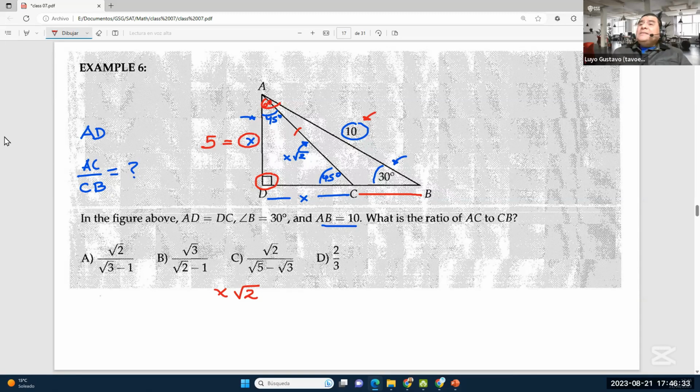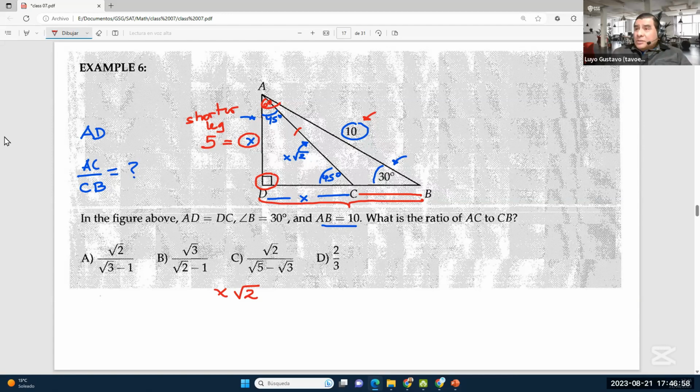But if this is 5, then what happens? Well, obviously, the connection between the shorter leg and the longer leg, that is all of this. This is the longer leg. What should be the longer leg in terms of X?